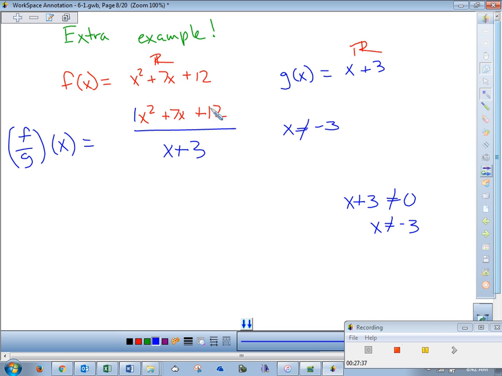So, two numbers that multiply together to be 12 and add together to be 7. What are those two numbers? 3 and 4. So this guy really factors to be x plus 3 times x plus 4, and it's still over that x plus 3, right? Now look top and bottom. Do you see anything that can cancel out?